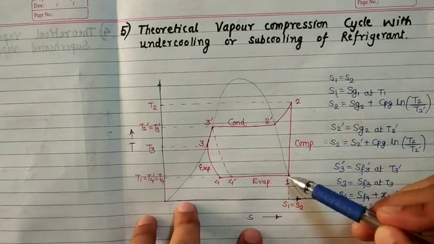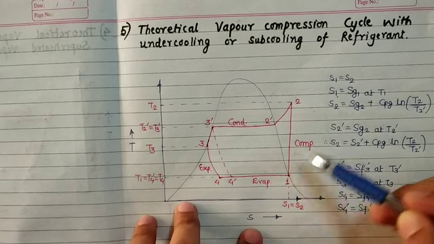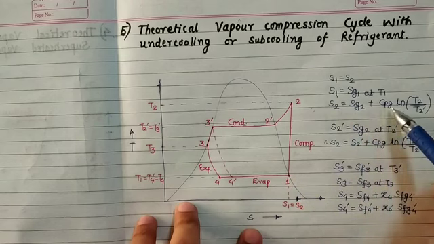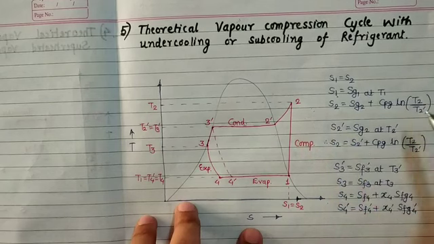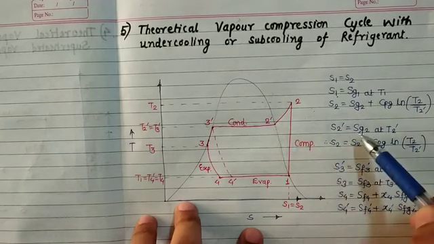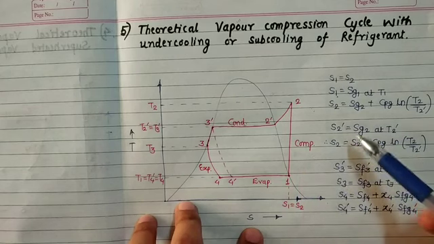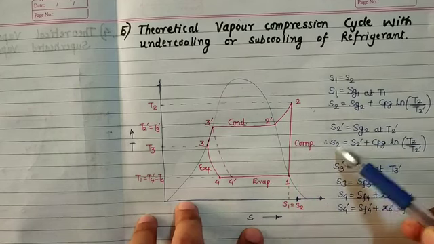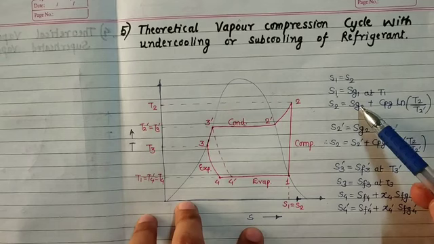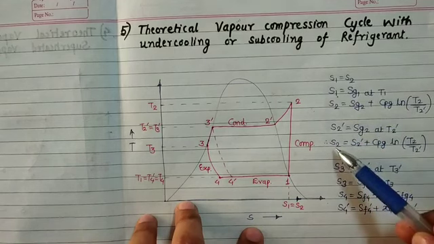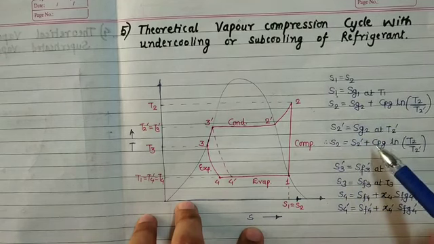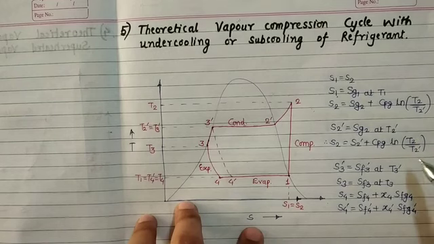Again S1 is Sg1 as it is on the saturated vapor line. S2 is Sg2 plus Cpg ln of T2 by T2 dash. S2 dash is nothing but Sg2 at T2 dash. So I have written again the value of S2 by changing Sg2 to S2 dash. So S2 will become S2 dash plus Cpg ln of T2 by T2 dash.